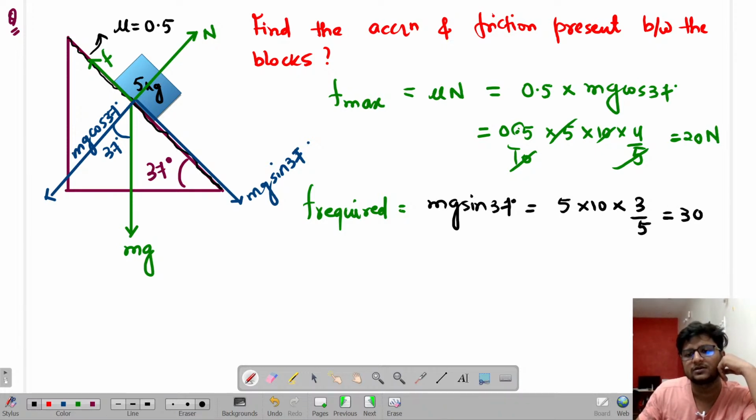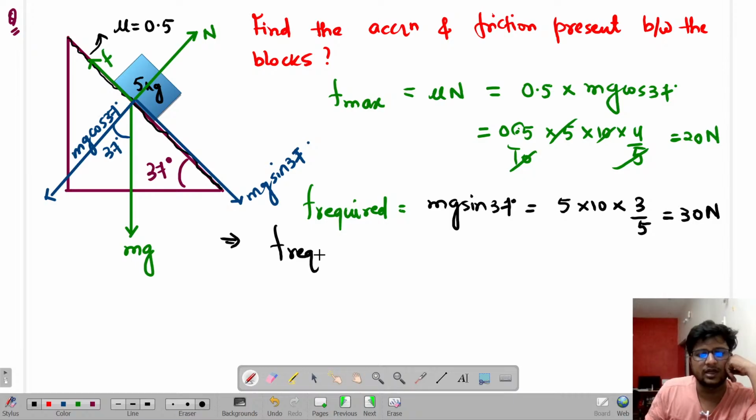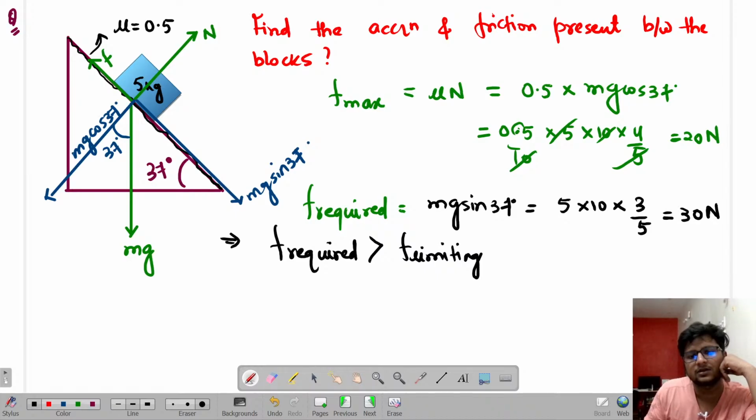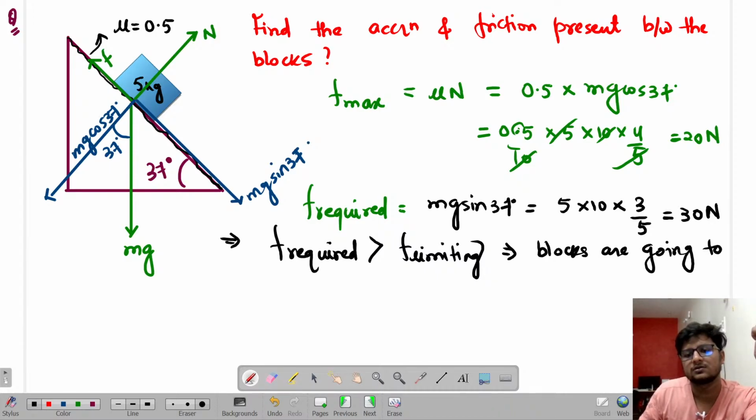So f required is more than my f limiting, correct? This means the blocks are going to slide. Are you able to get me or not?